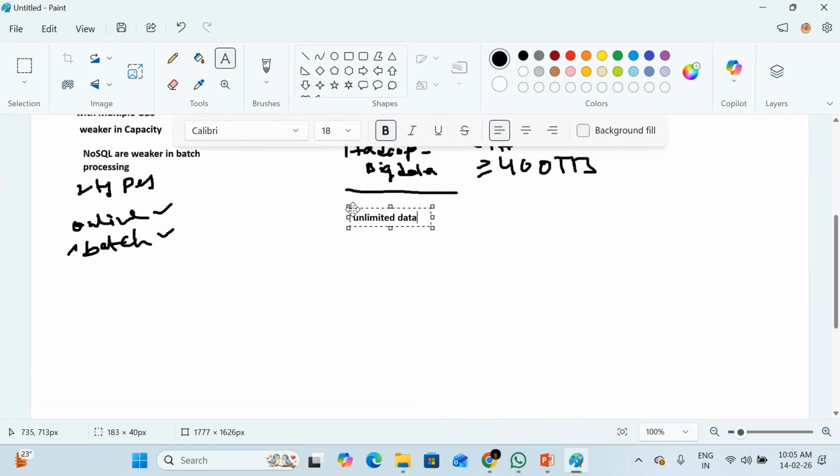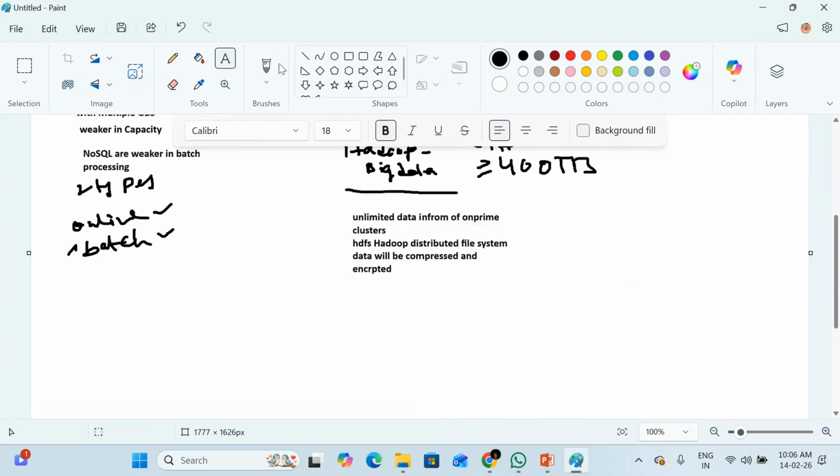The data will be stored in HDFS, the Hadoop Distributed File System, in the form of on-prem clusters, and the data will be compressed and encrypted.